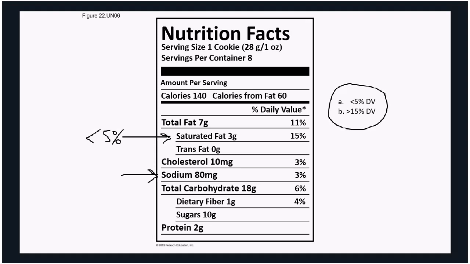Things that are good for you, like fiber and protein in this one. Some nutrition facts would also have vitamins and minerals down here. Those are awesome if they're greater than 15%. It would be good to have those greater than 15%. That would be a fairly healthy option for you.